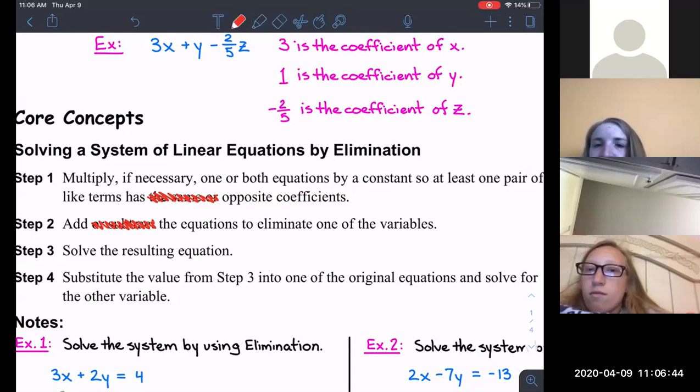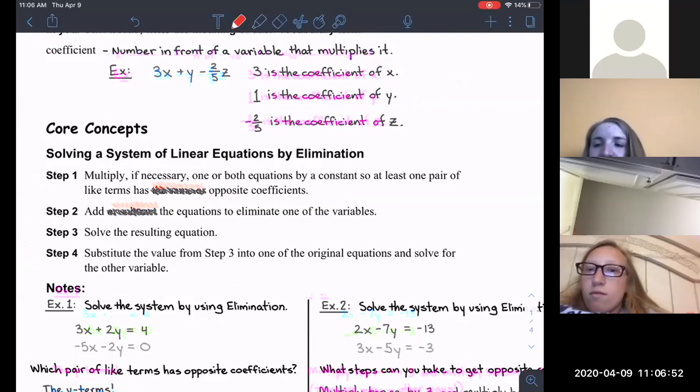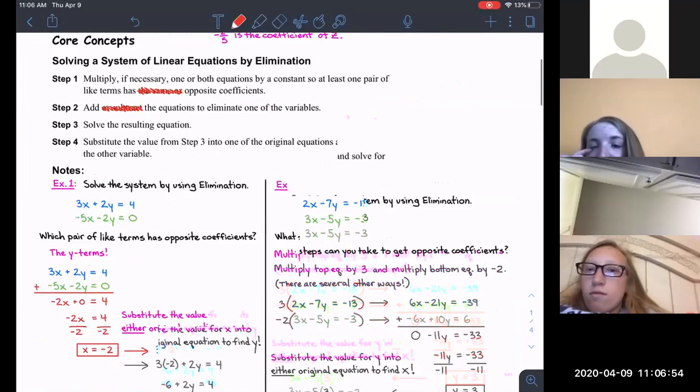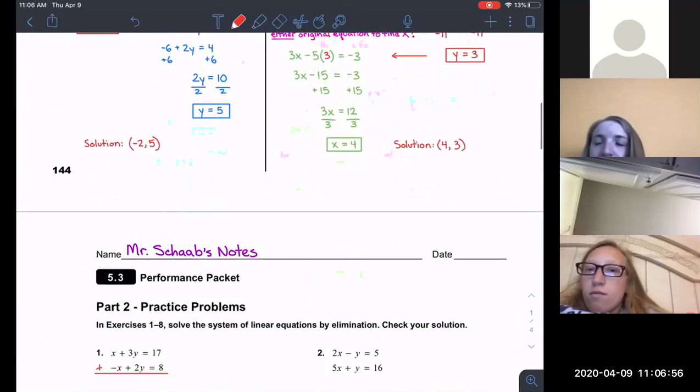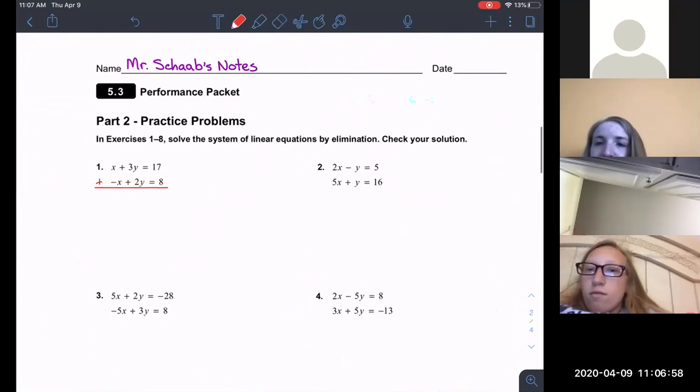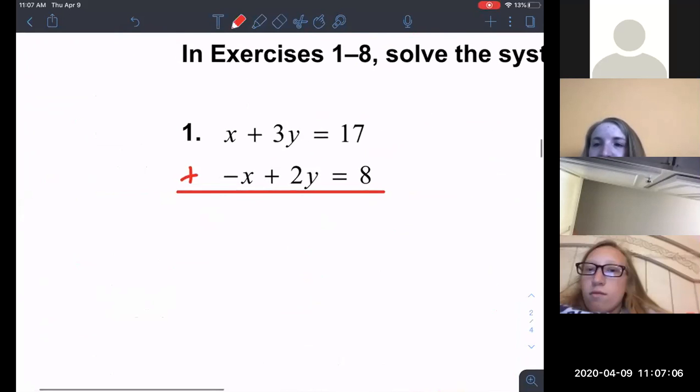But subtracting is a lot more complicated because you have to distribute a negative throughout the whole problem to all 3 terms, and a lot of students make mistakes on that. As I've been saying all year, the more negative signs involved, the more mistakes we make. So I want you to always get opposite coefficients and then add the equations together. Adding is much easier than subtracting. That's what we're always going to do in this class.